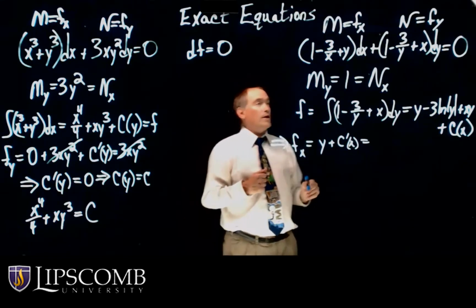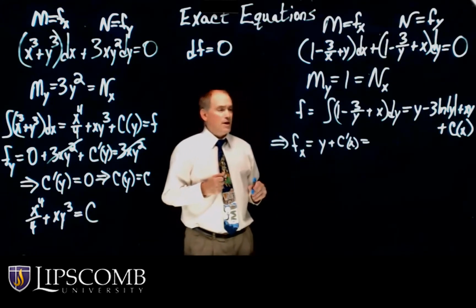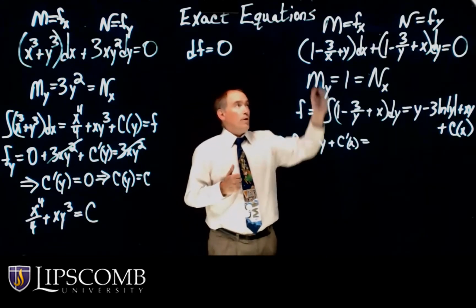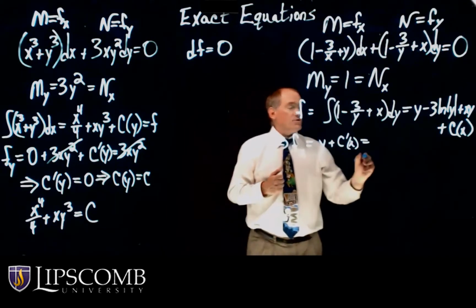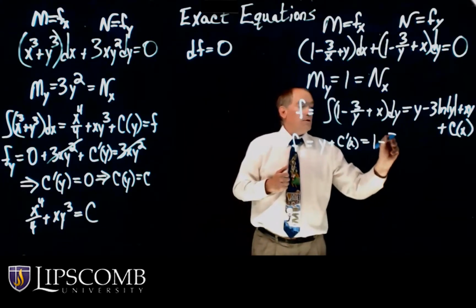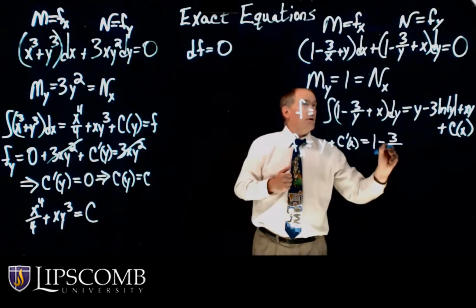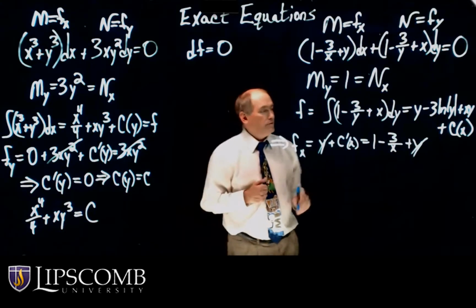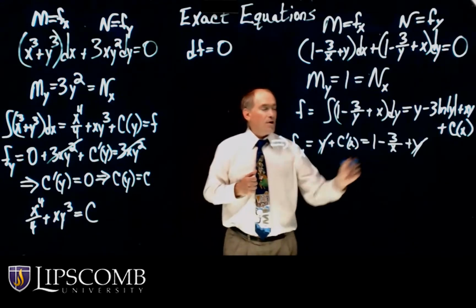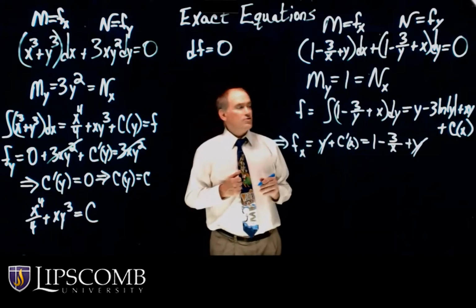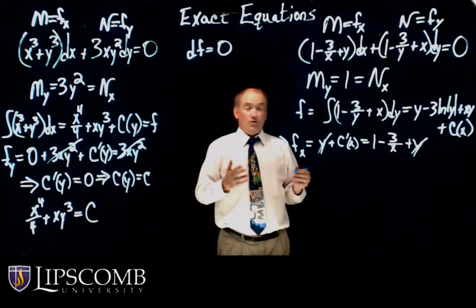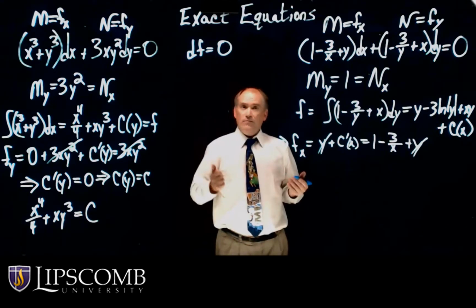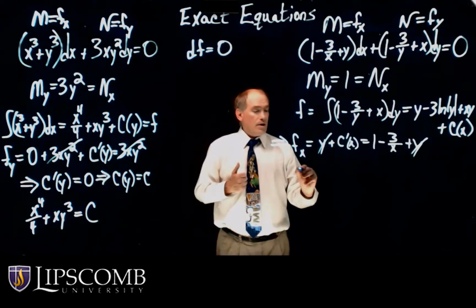Well, what else do I know the partial of f with respect to x is? Well, it's M. So let's set that equal to M. 1 minus 3 over (x plus y). The y's cancel out. So I get c prime of x equals 1 minus 3 over x. So what do I do to get rid of a derivative? I integrate.